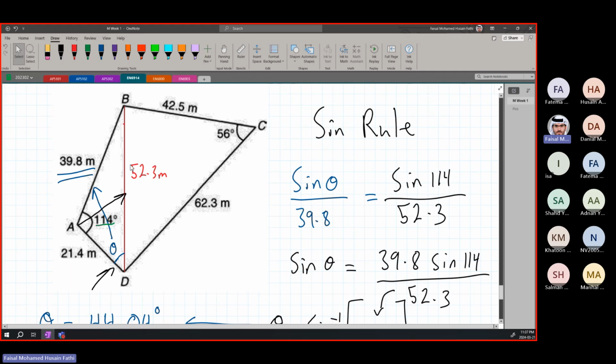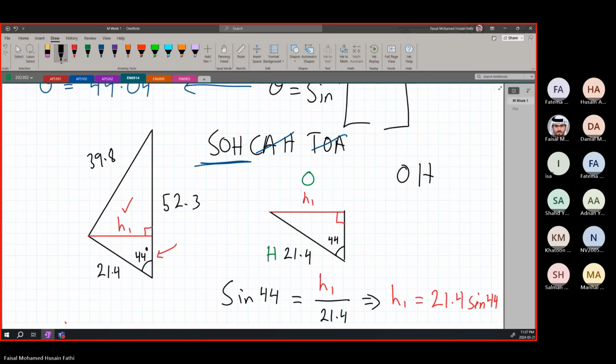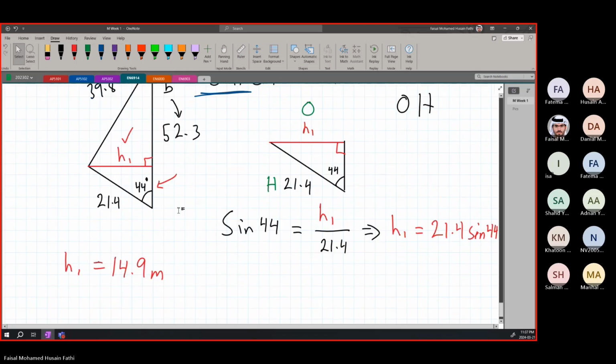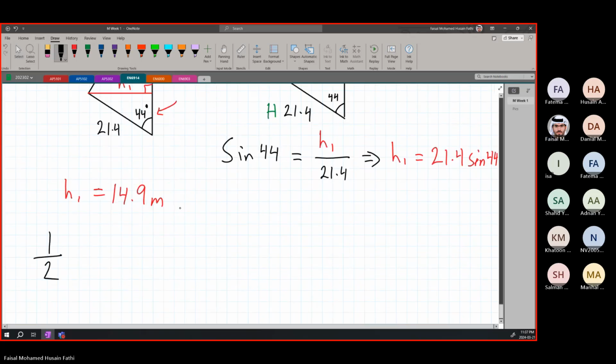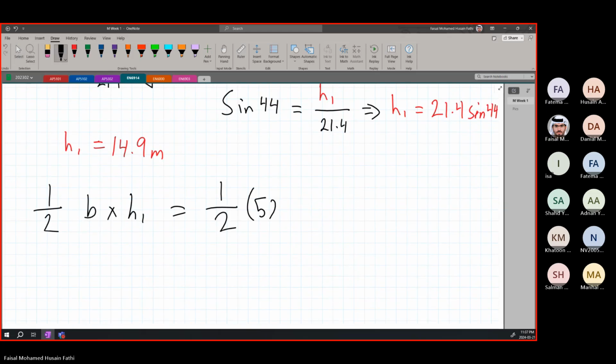So now we can find the area of this triangle. The area of a triangle is, again, half the base times the height. This is the base, and the height is H1. So half base times H1. The base was equal to 52.3 times the height, which is 14.9.